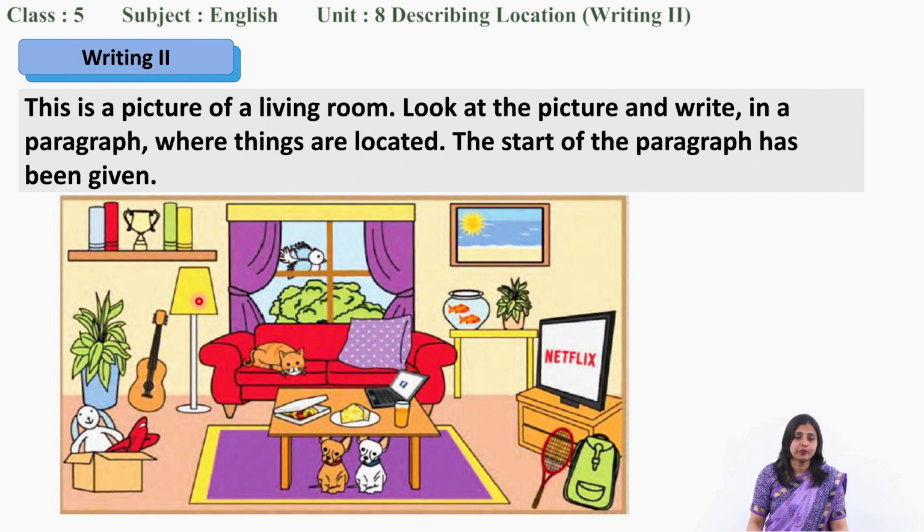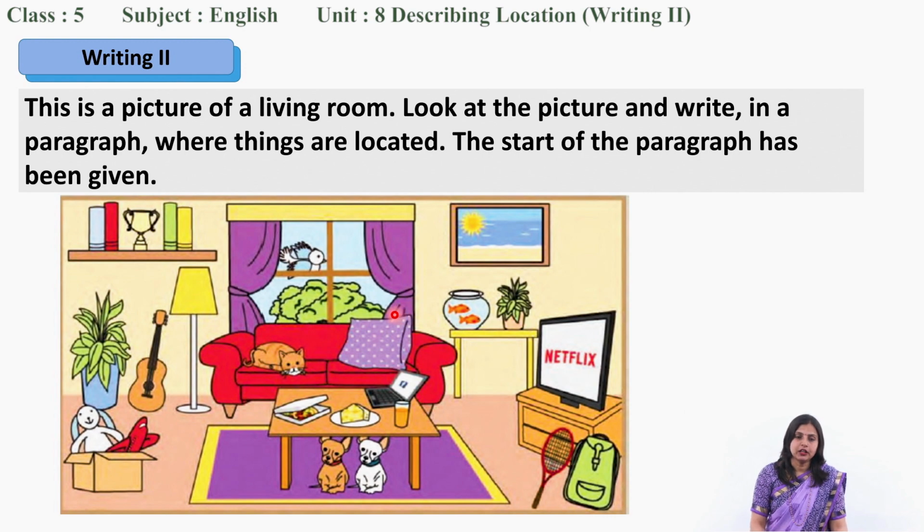Now what you have to do is, you have to see the picture, observe it carefully, and then write in a paragraph where things are located. So many things are here, you see. There are so many things over here in this living room. So now you have to locate those things using prepositions. Alright?